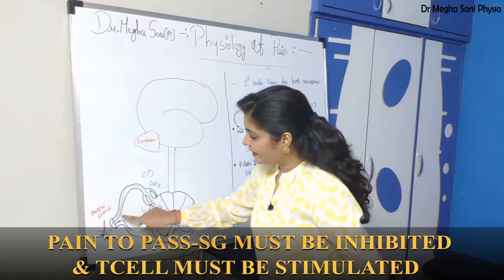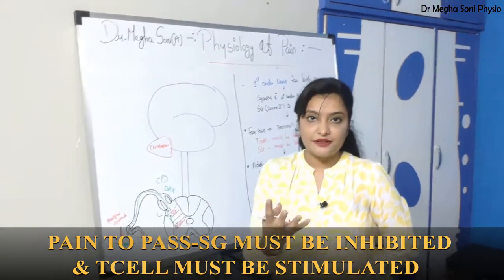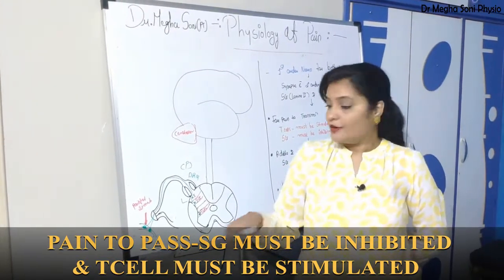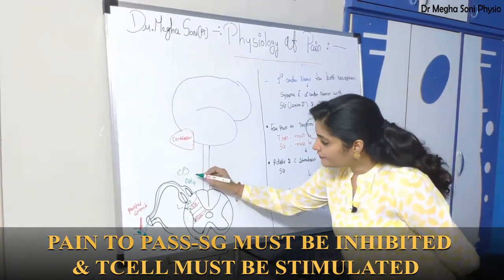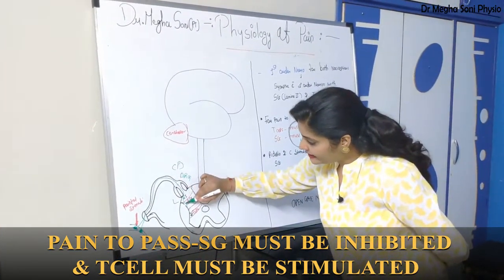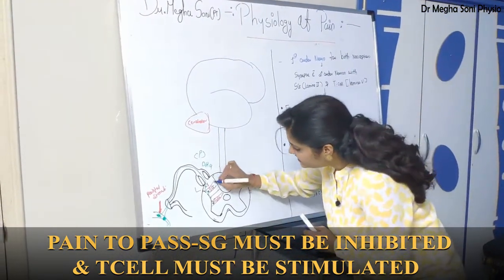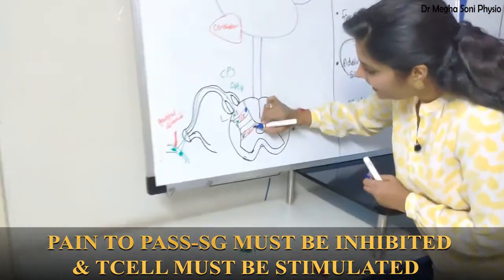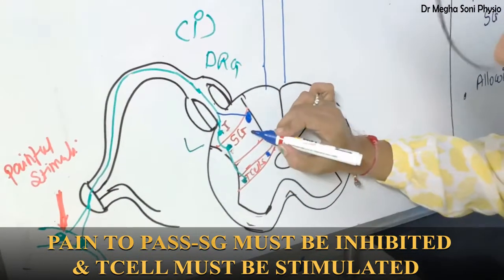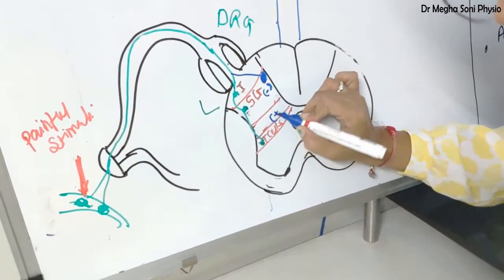So in this pathway, this fiber carries the pain sensation and secretes neurotransmitters like glutamate and substance P. They mediate the transmission of pain. Fine. So the A delta fiber and C fiber synapse with SG, substantia gelatinosa, and the T cell. What they will do is inhibit substantia gelatinosa and stimulate the T cell.